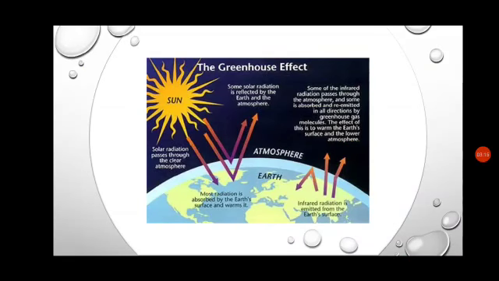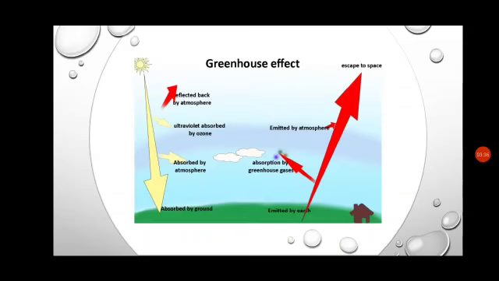You can see here the solar radiations pass through the clear atmosphere and reach the earth, but due to the greenhouse gases, these heat radiations are trapped in the earth's atmosphere and cannot go into space. So the temperature of the earth is increasing day by day.